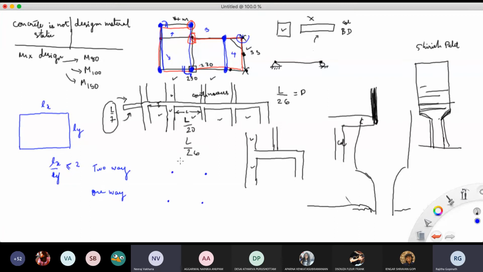It is going to deflect like this. You will not be able to figure out which side it is deflecting more.